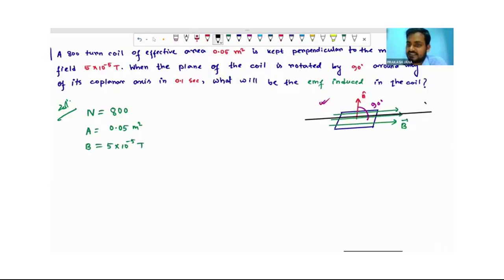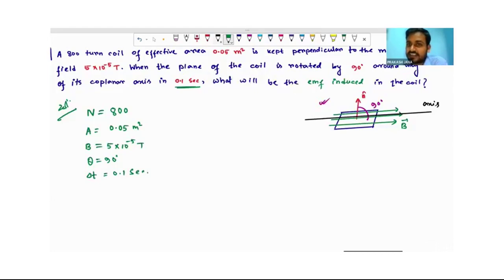This is the axis with respect to which we will now rotate the coil by 90 degree. So in this case our theta is 90 degree. Fine. Within 0.1 second it has to be rotated by 90 degree. So the time delta t is 0.1 second.